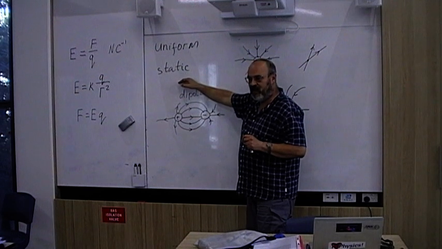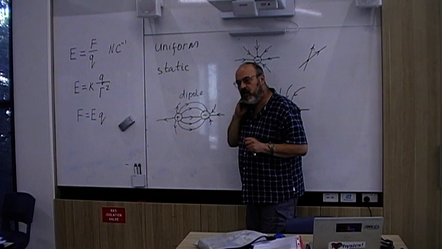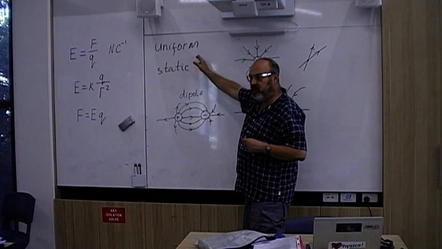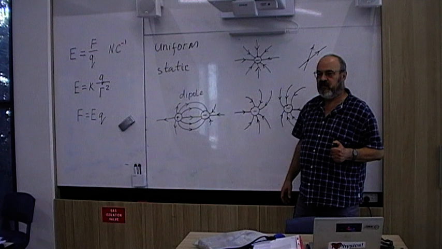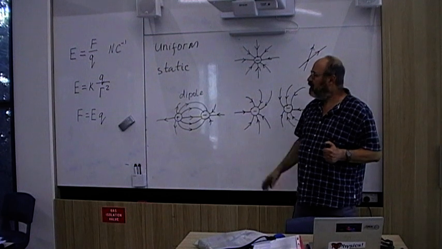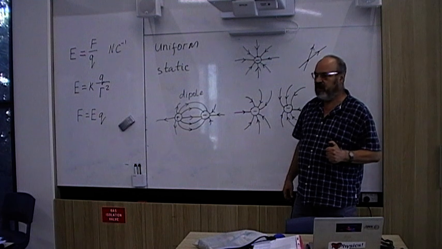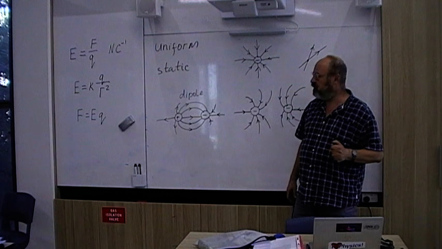Would you say same charge at every point in space? No, same field. Uniform is the same field in every point of space. Static means it does not change over time. Uniform does not change in space, static does not change over time.